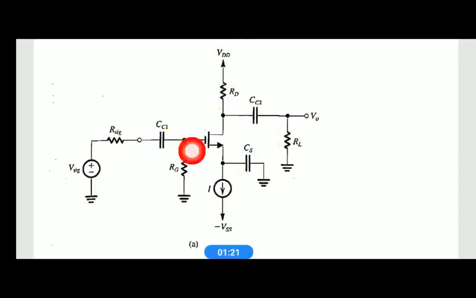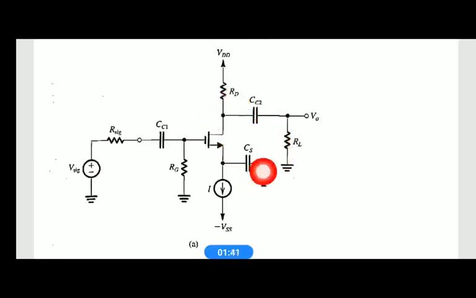So these three capacitors are the ones which give you the lower cutoff frequency, and which make the amplifier gain reduce below the lower cutoff frequency.